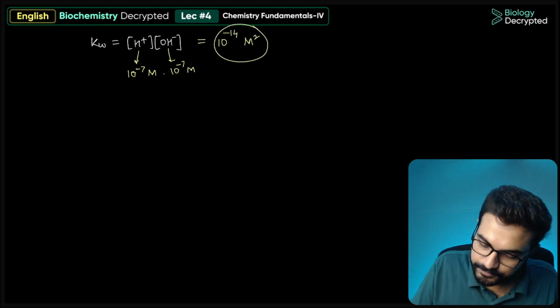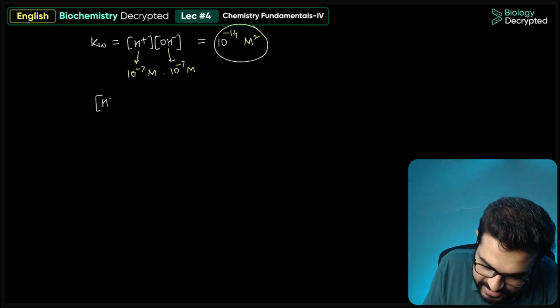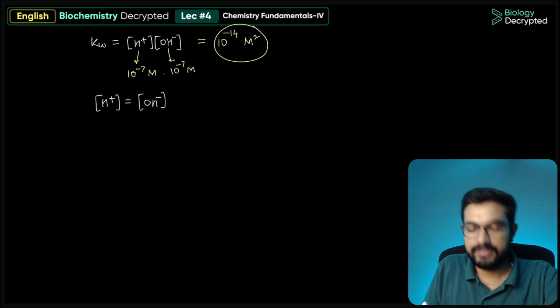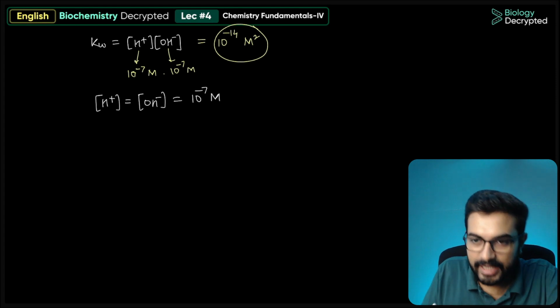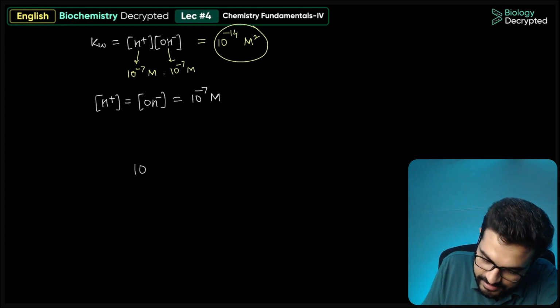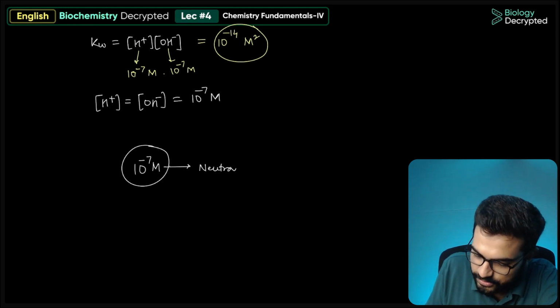Now if we consider the H plus ion concentration and OH minus concentration, obviously they will have an equal value, that is 10 to the power minus 7 molar. At this value of 10 to the power minus 7 molar, this represents neutral solutions.